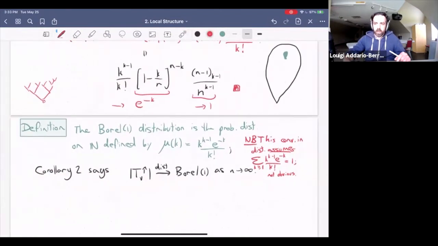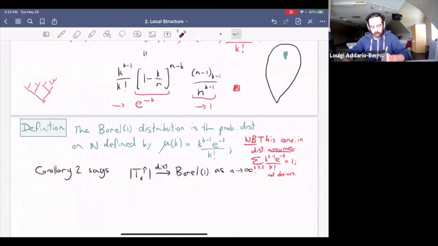Question, why does this argument assume mu is a probability distribution? The argument doesn't require that mu is a probability distribution. The assertion that this is a convergence in distribution result says that on the right we have a probability distribution. In general, otherwise this would be called like a weak star convergence or something like that.